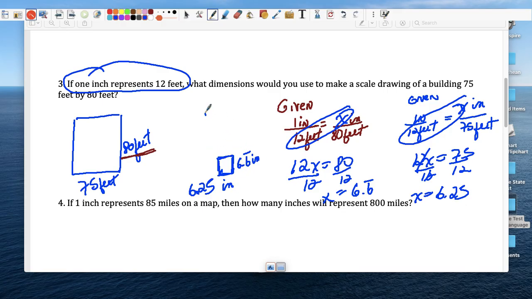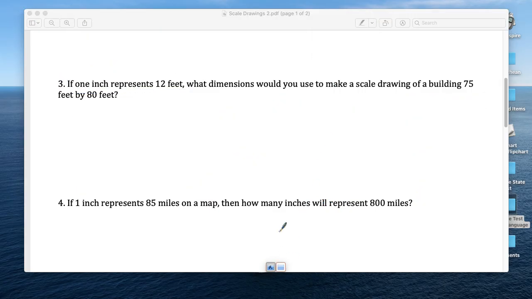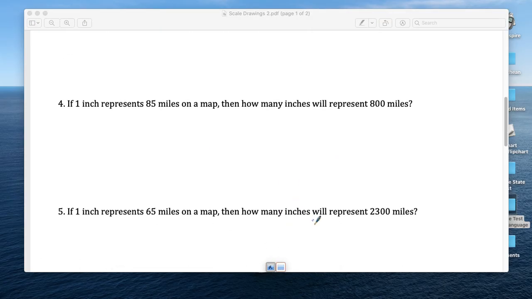So this is the scale drawing, the drawing that we made of the building. Number 4 says 1 inch represents 85 miles. So here's our scale.